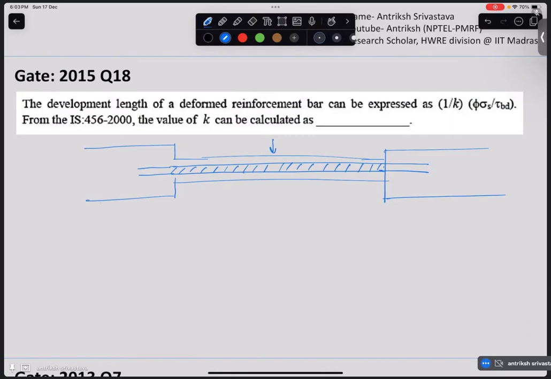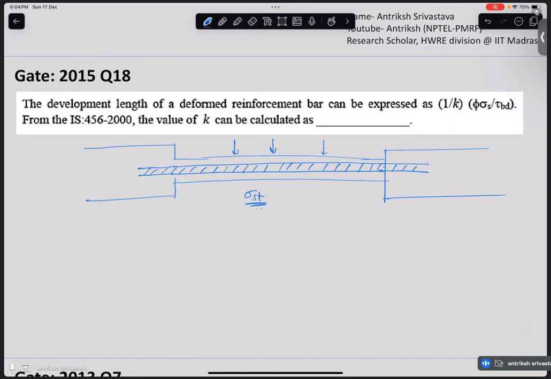Now, how do we calculate this length? So let's say you have loaded this particular beam with some UDL or some point load. In that process, the beam has developed some kind of stress that we call sigma st. Now this sigma st will be tensile, because that's why we are using reinforcement bars, to provide tensile strength to our RCC beams.